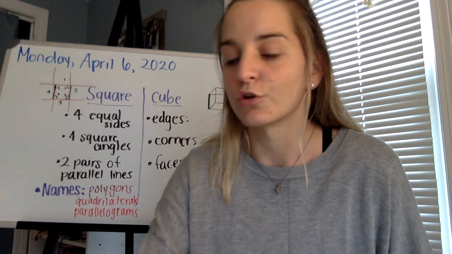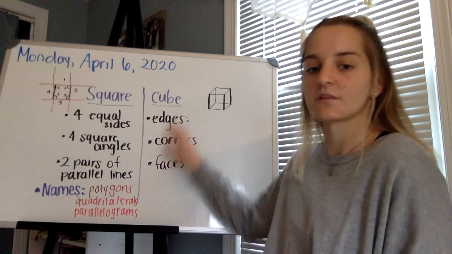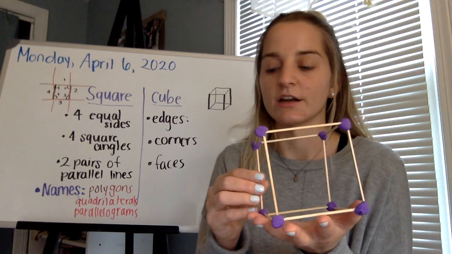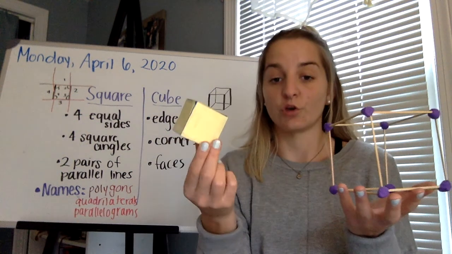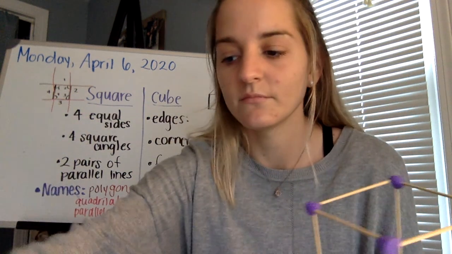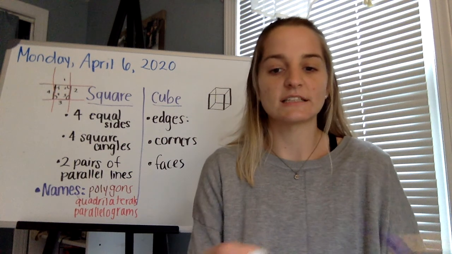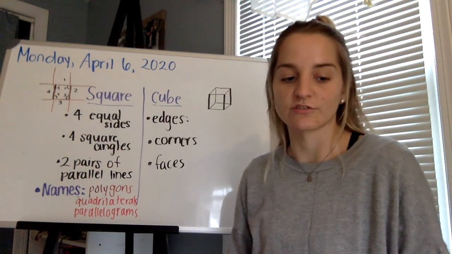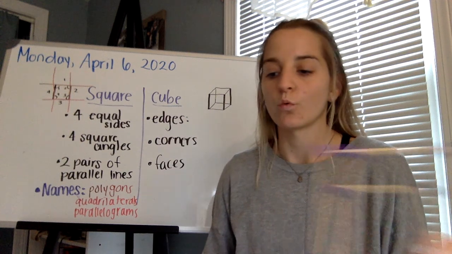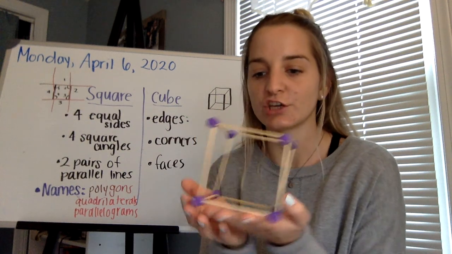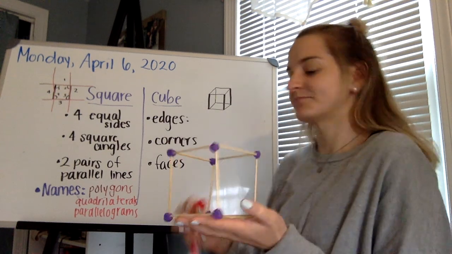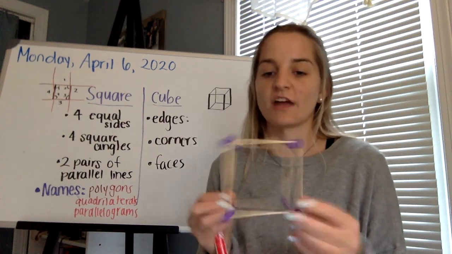Now I'm going to show you these different things on this cube here, and on this other cube I made, okay? Just so that we can visualize and understand the different attributes and characteristics. So let's first start with edges, and I'm going to use this cube and the cube I drew on here to talk about edges.